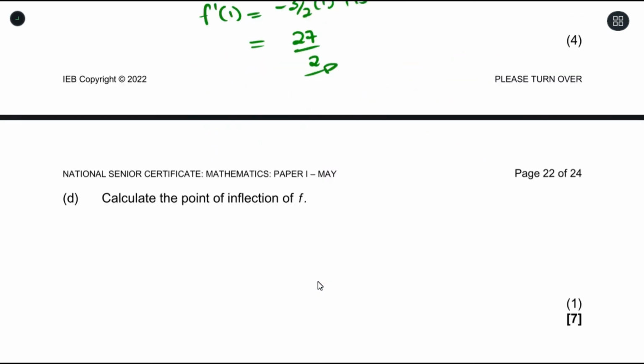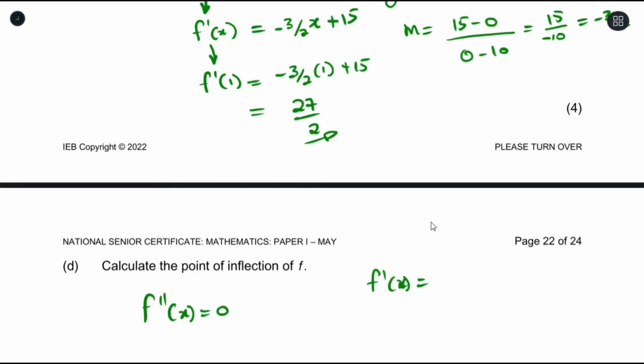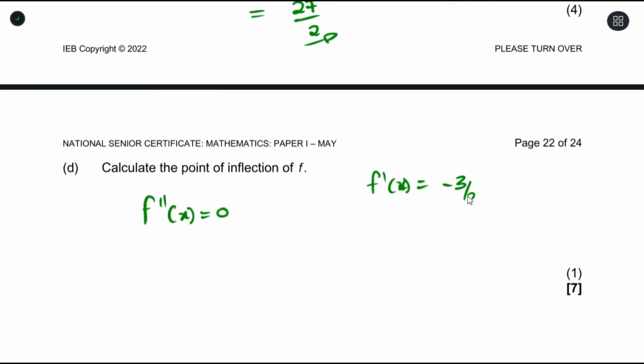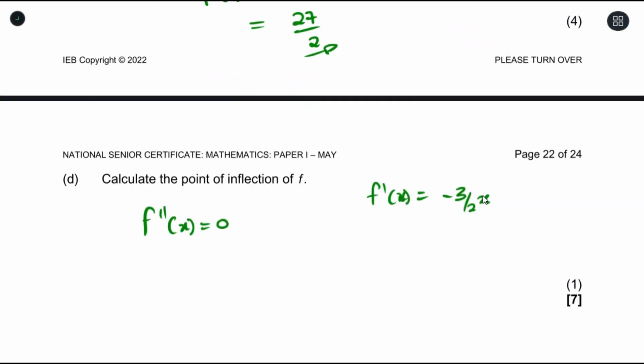And the last question asks us to get the point of inflection. And at the point of inflection, your second derivative is equal to 0. Okay, so we already know that our derivative, that's the first derivative, is equal to negative 3 over 2 x plus 15. And if we differentiate this, our second derivative will just be negative 3 over 2.